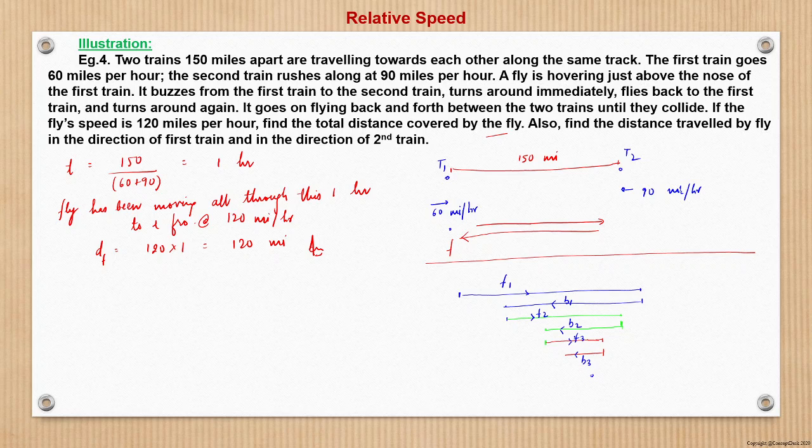When the two trains meet, the fly can hardly move to and fro. So that is a point where the fly will remain stuck, right?